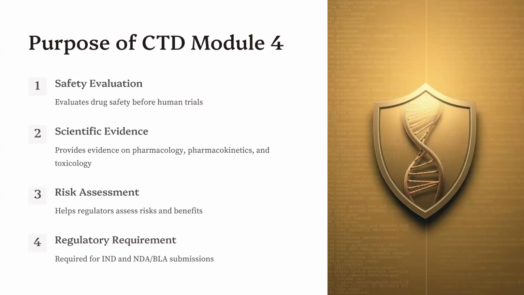Okay. So overall, module 4 would be your evidence for animal studies, and module 5 would be your evidence for human studies.